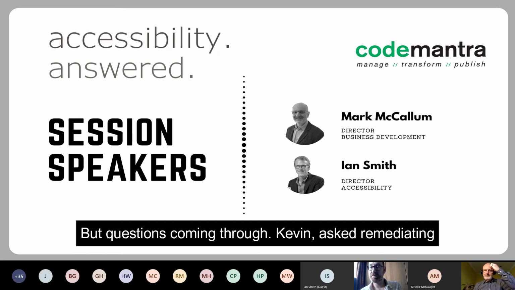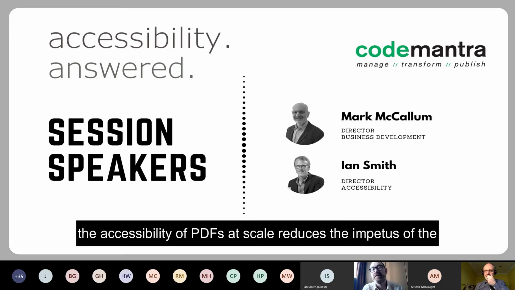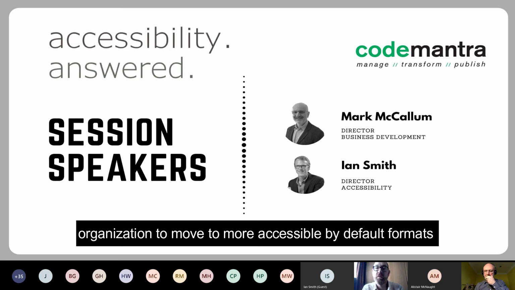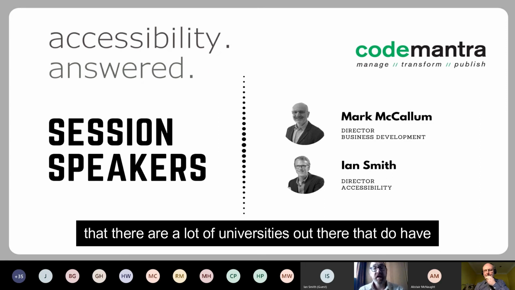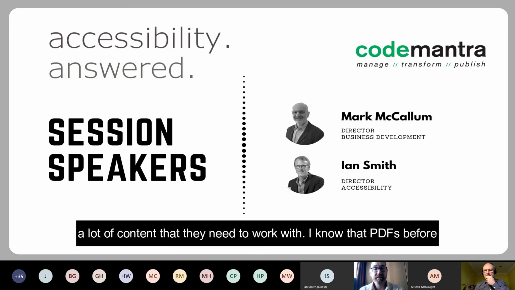But questions coming through. Kevin asked, remediating the inaccessibility of PDFs at scale reduces the impetus of the organization to move to more accessible by default formats. Discuss. A challenging question there from Kevin. I'm guessing there are a lot of universities out there that have a lot of content they need to work with.